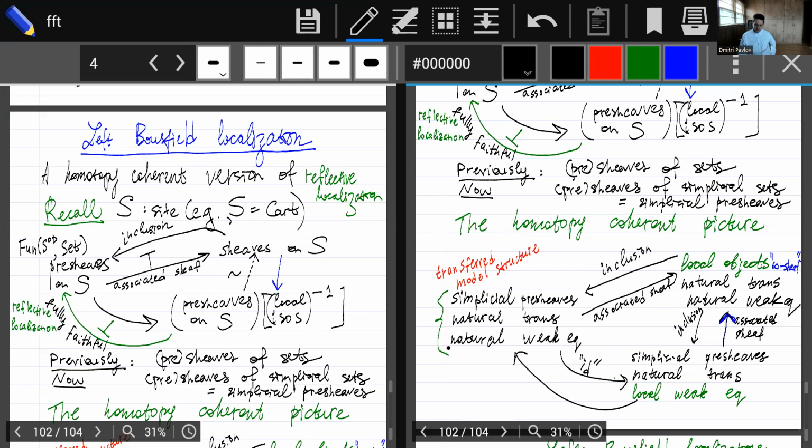Here, the domain has natural weak equivalences and the codomain has local weak equivalences. But it is an identity functor on the underlying categories. So you send every simplicial presheaf to itself, and every natural transformation to itself, and the class of weak equivalences gets enlarged to local weak equivalences.